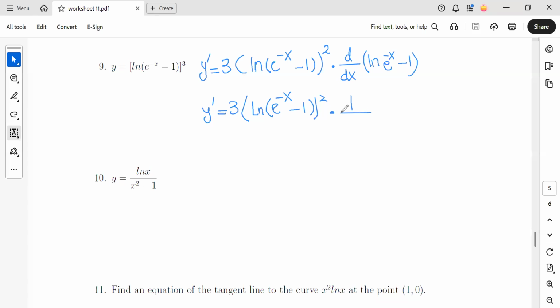So 1 over e to negative x times the derivative of negative x because it's a chain rule.